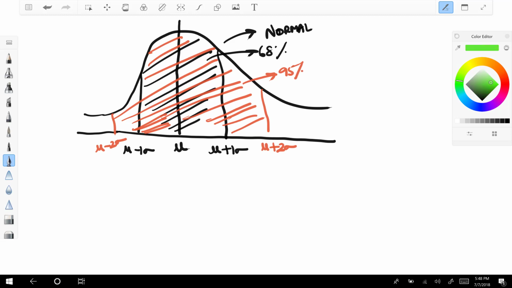And then we have mu minus 3 sigma and mu plus 3 sigma. So this whole area covers 99.7% of the data.